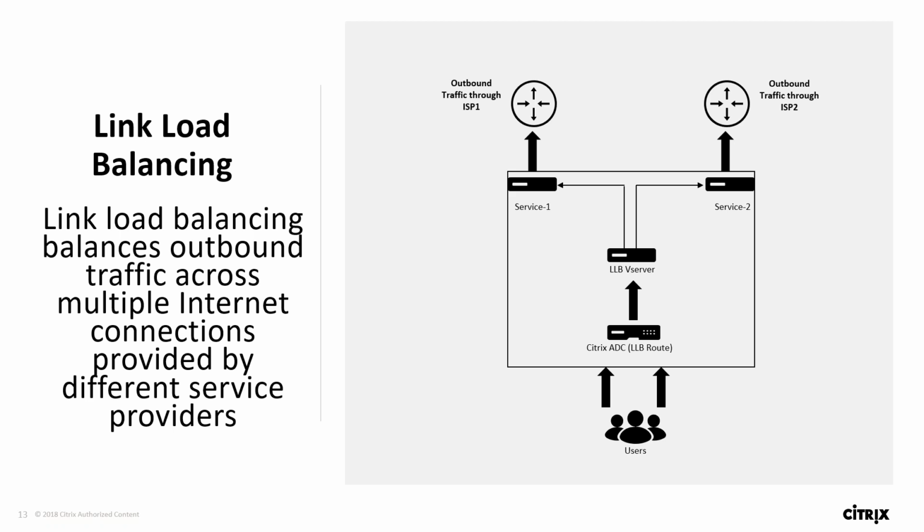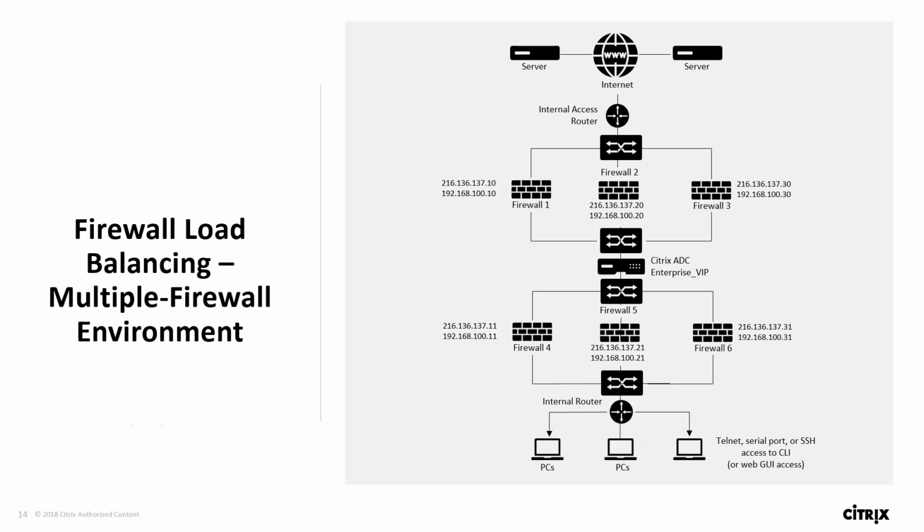Monitoring is critical for link load balancing functionality and accuracy. The Citrix ADC appliance is located and placed between two sets of firewalls. The external set of firewalls typically handles the egress traffic, and the internal set typically handles the ingress traffic.